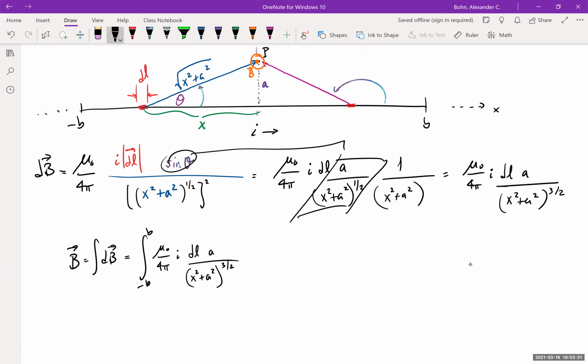But if those are our bounds, because that's where all the current lives on the x-axis between negative B and B, as I just labeled it, what we're actually integrating, not dl, dx. Everything else is constant. We can pull it outside. mu0 I a 4 pi. The only thing left is this integral.